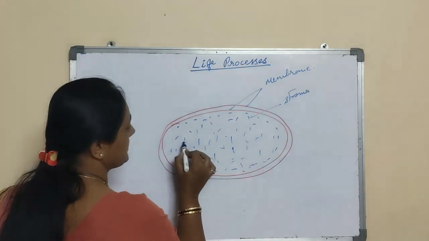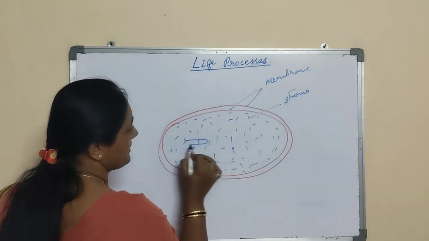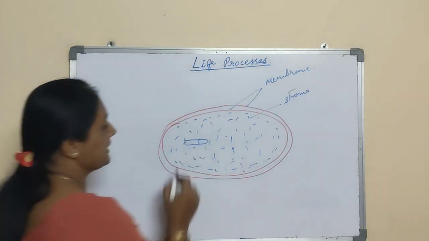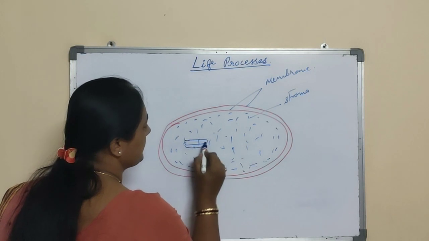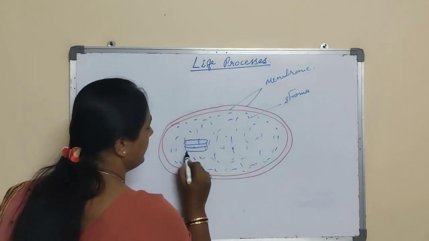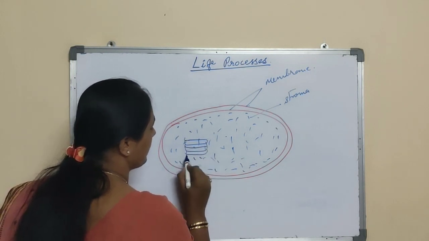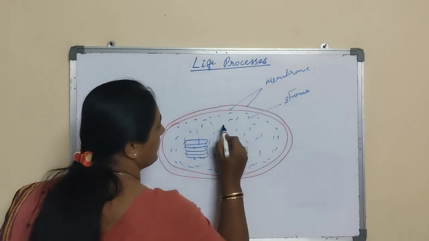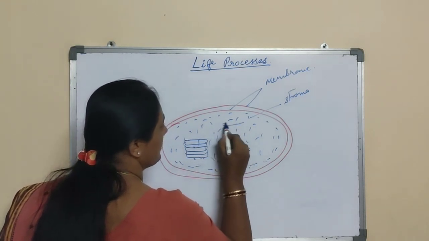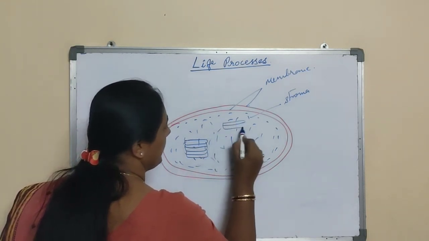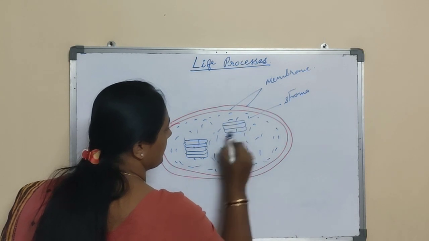Inside chloroplast, a disc-like structure is present. This disc-like structure is arranged one over another in a pattern of piles like this.